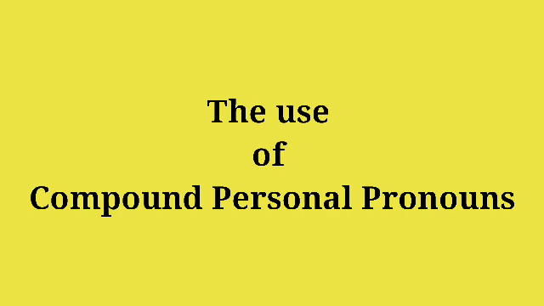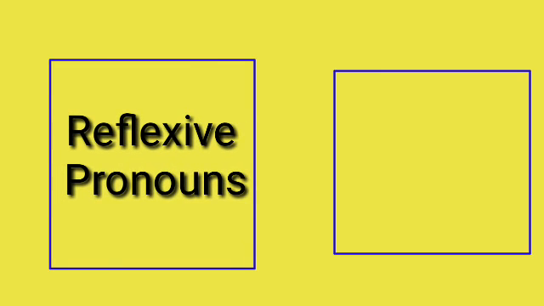The use of compound personal pronouns. What is the use of compound personal pronouns? See students, the compound personal pronouns are used in the following two ways. First, they can be used as reflexive pronouns.